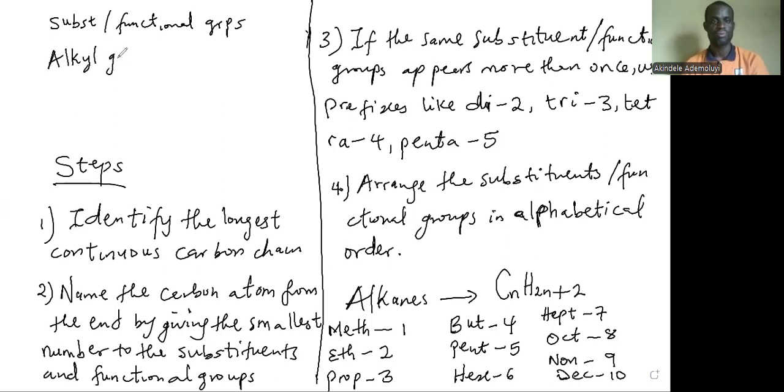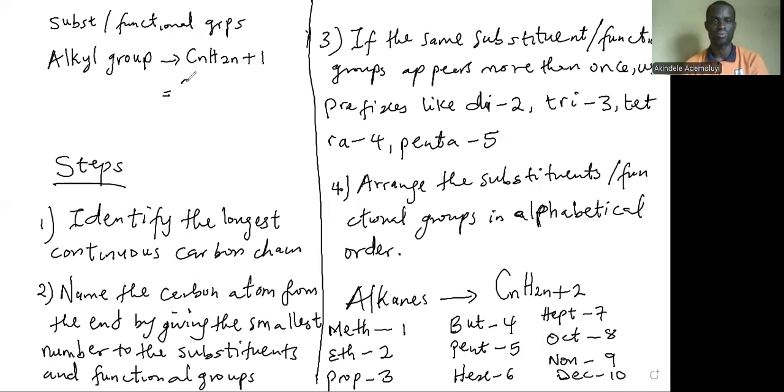The general formula of the alkyl group is CnH2n+1.